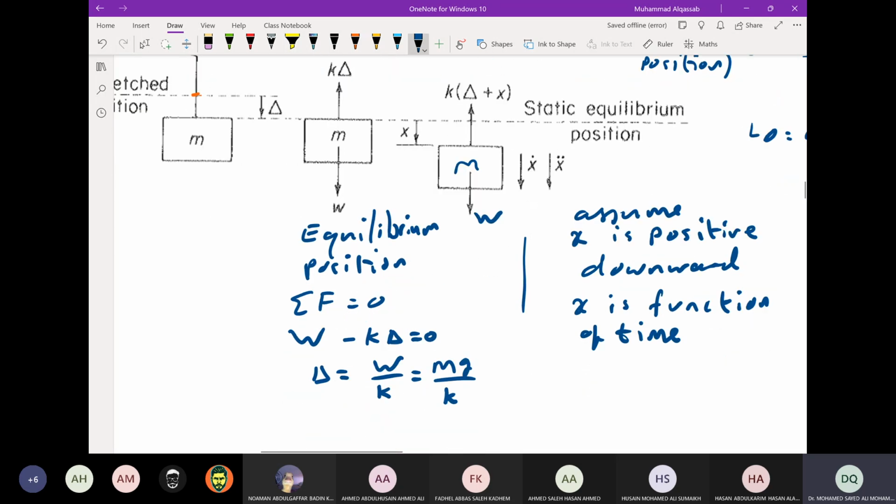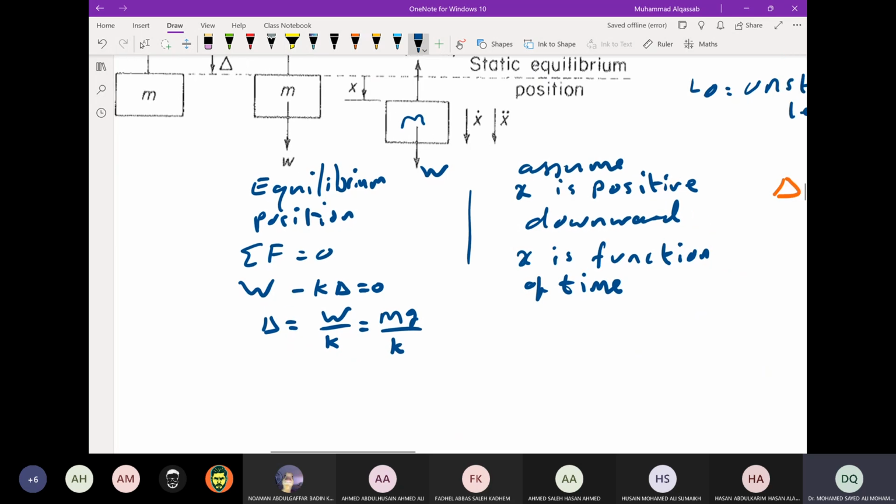So what you can do in vibration is take the sum of forces equal to m x double dot. For the sum of forces on the left hand side, we have to define the positive direction of forces.